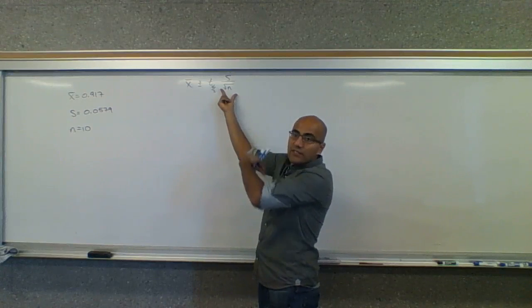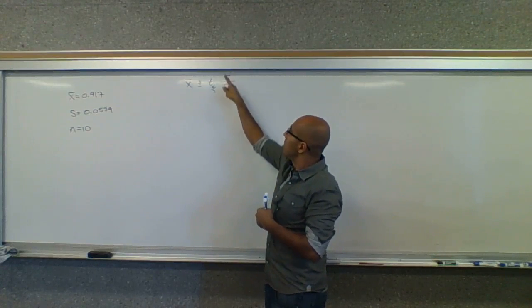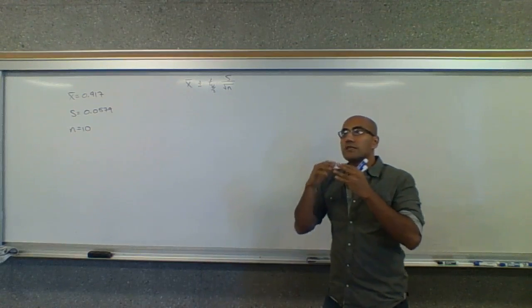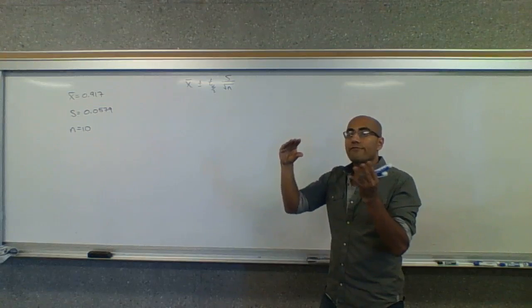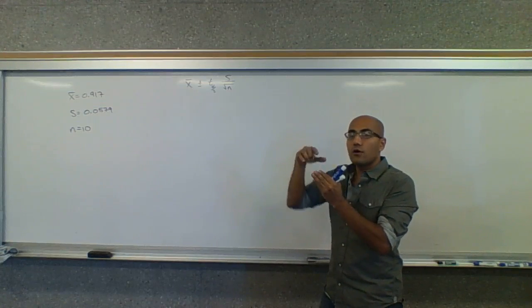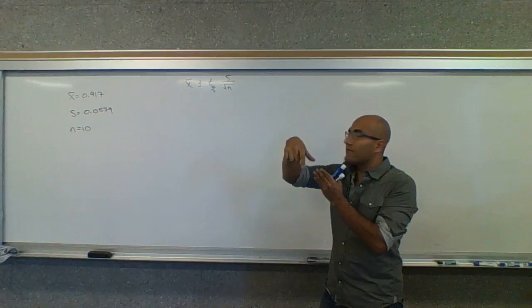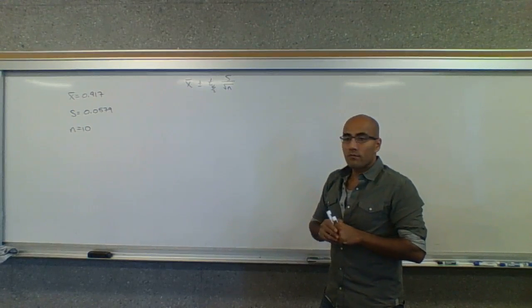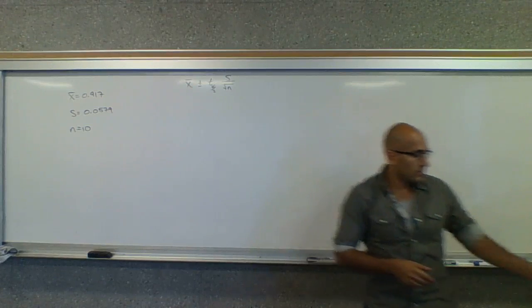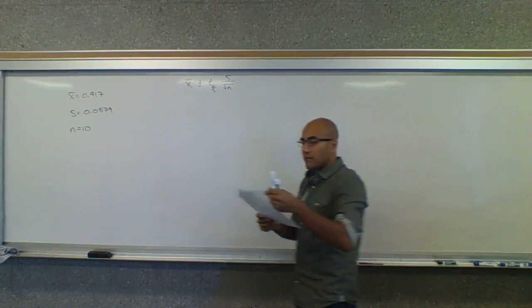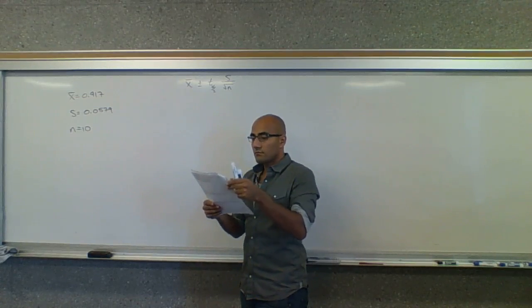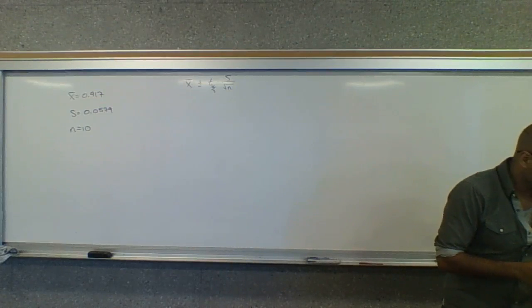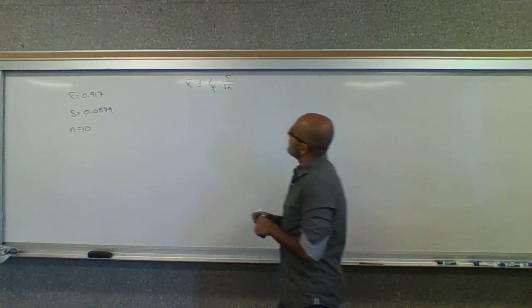And t sub alpha over 2 refers to the standard t-distribution, and we want to find the t-value, the multiple of standard deviations away from the mean that will trap the confidence interval that's required. What's the confidence interval that they're asking you for? 94%. So in the t-distribution, you still want us to solve for the new sigma, right here? You don't want us to write the same one down from up here, right?